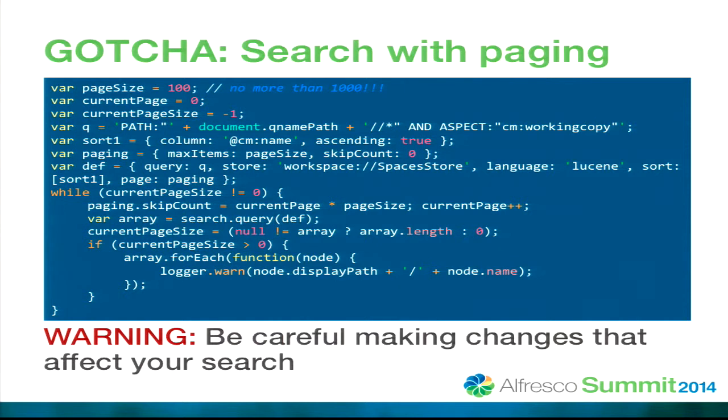Which is great, but if you're making changes to the content and you get 100 items and you process them, and now the search gets run again, it hasn't cached the search. If you haven't got a sort criteria, you may get items back in a different order, so you want to be careful that you're sorting these things so that your paging has a chance of working.